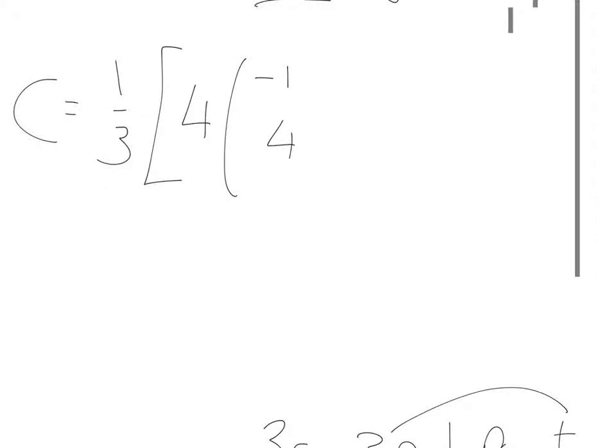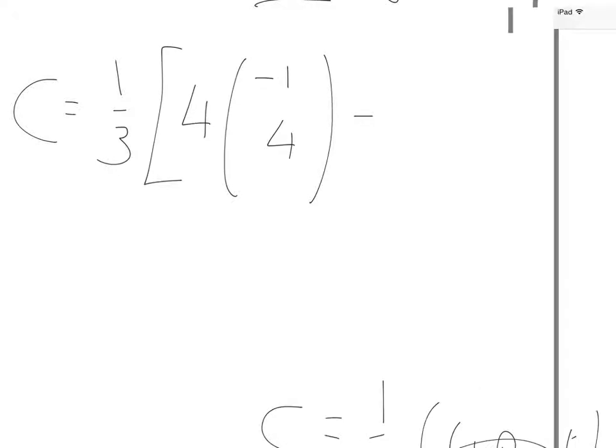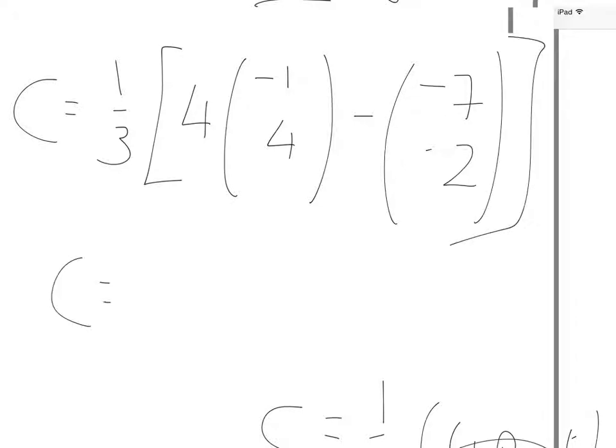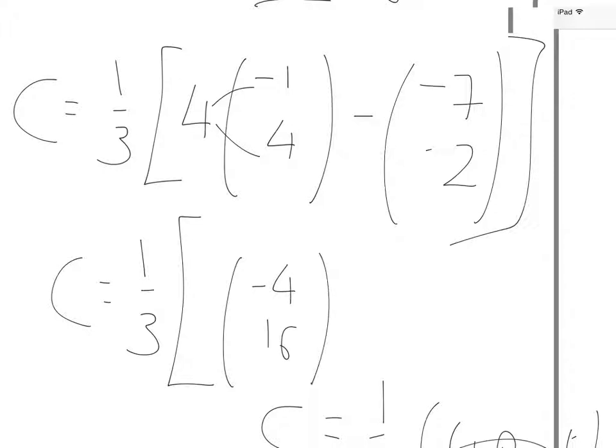So (-1, 4) minus (-7, -2). So 4 lots of (-1, 4) is (-4, 16) minus (-7, -2).